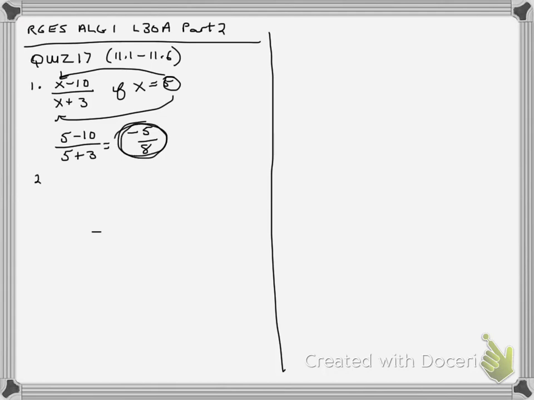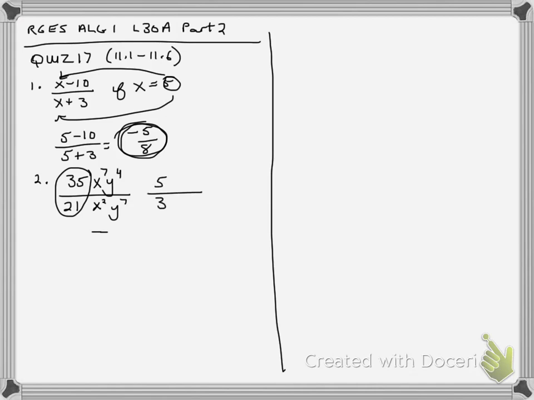Number 2, simplify. If we divide the numerator and the denominator by 7, we're going to get 5 thirds.